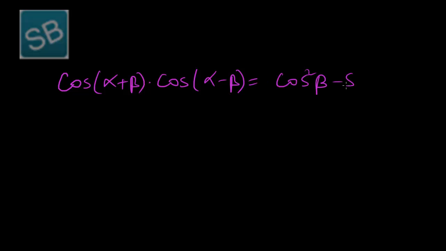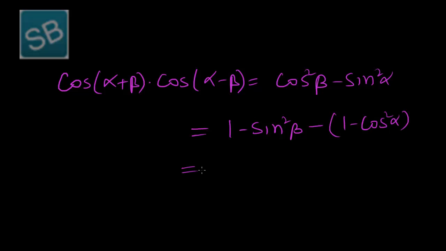And also we get another form. As we have cos alpha plus beta into cos alpha minus beta is equal to cos square beta minus sin square alpha, convert cos square beta as 1 minus sin square beta and sin square alpha as 1 minus cos square alpha. So we get 1 minus sin square beta minus 1 plus cos square alpha.